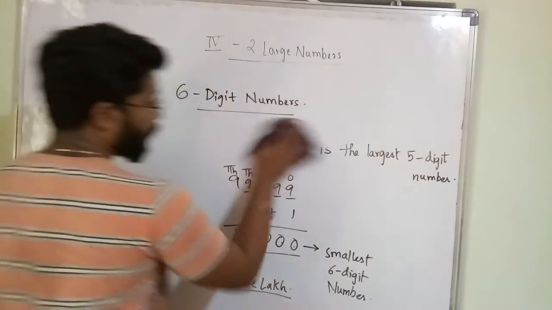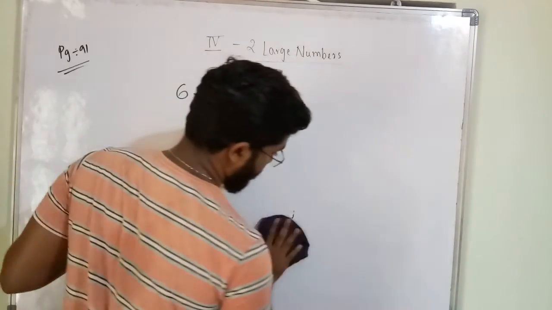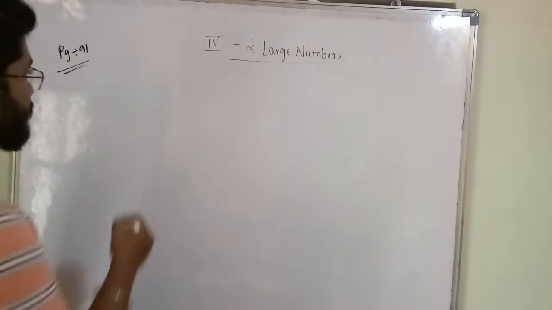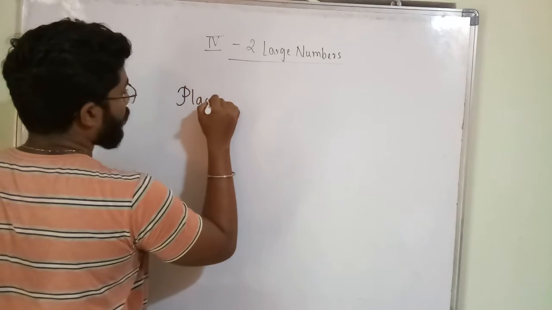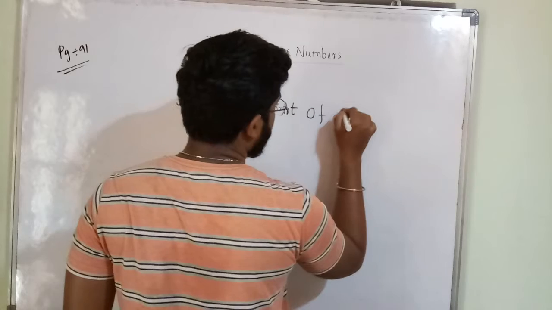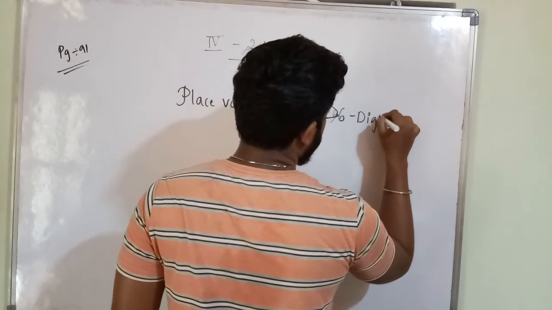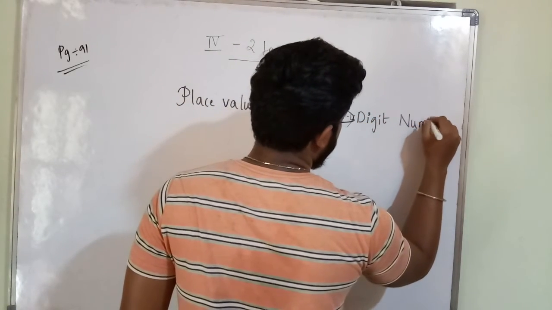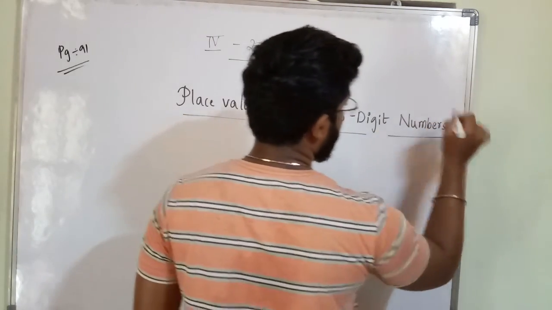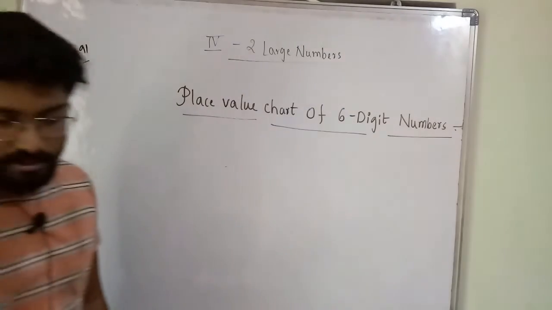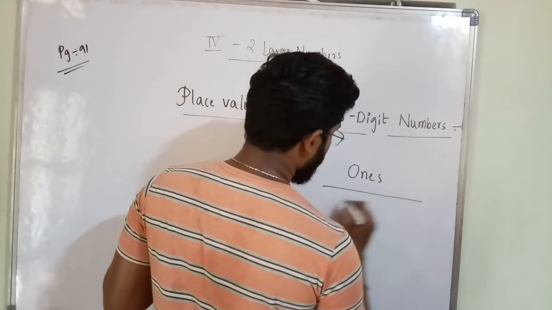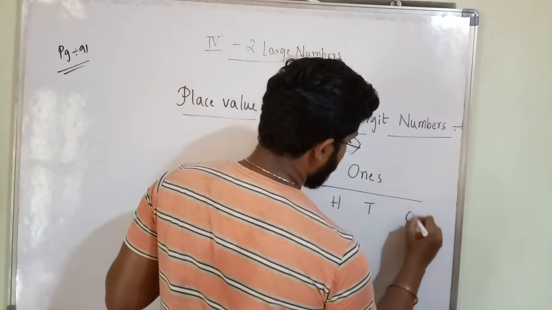So next let us see the place value chart of 6-digit numbers. In the ones period you will have hundreds, tens, ones.